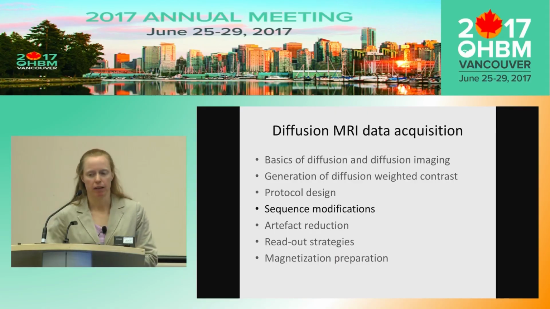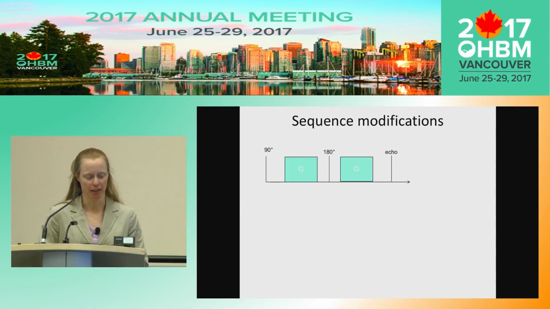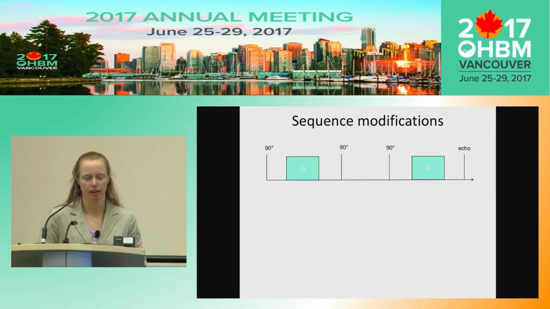Now I'm going to talk about some ways we can modify our pulsed field gradient sequence. One thing we can do is take that 180 in the middle and break it into two 90s. What that does is pause in the middle of the 180 flip. The first 90 takes the diffusion encoding magnetization and stores it along the z-axis.